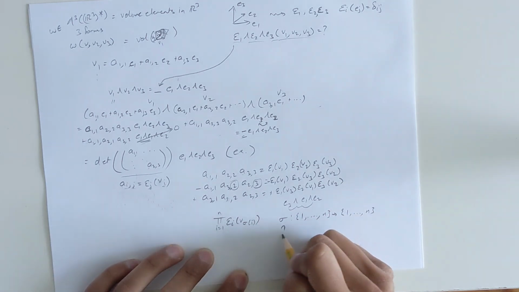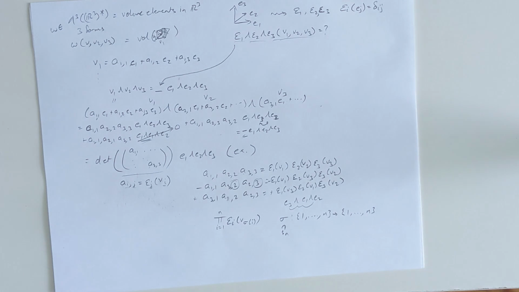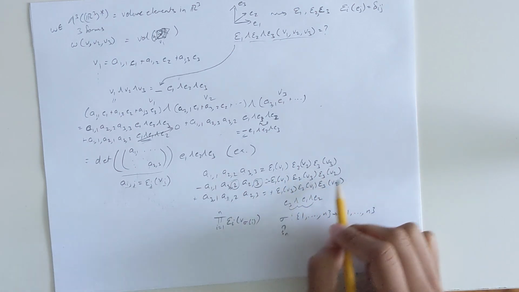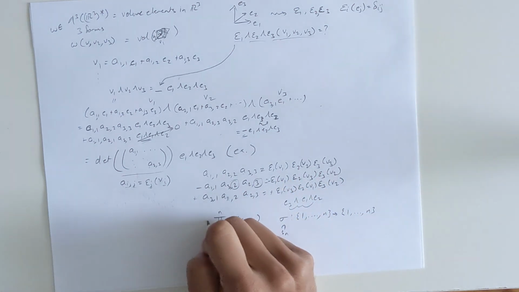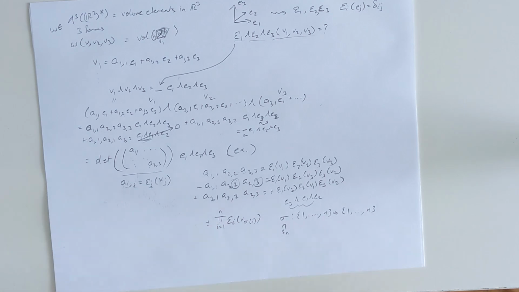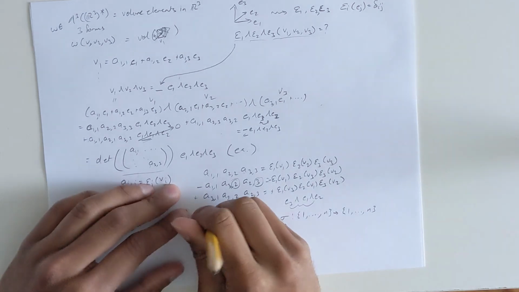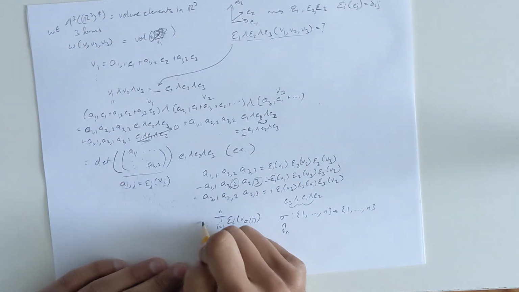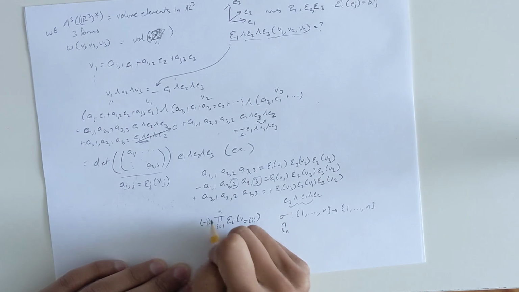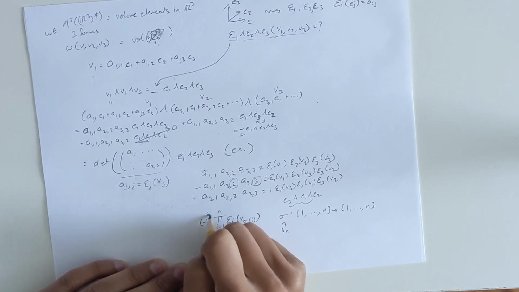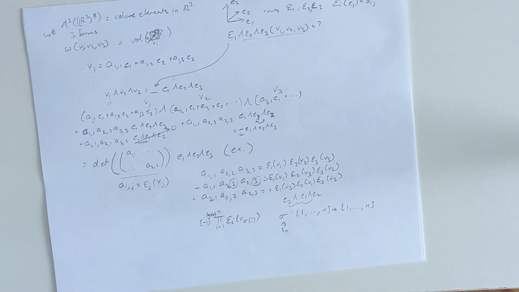Alternatively said, if you've seen this, then sigma is just an element of Sn. And so all this is saying is that each of these guys is a term which looks like this. And this will have a plus or minus sign depending on the number of times that you switch indices. And in fact, this actually has a name, and it's called the sign of the permutation. And so what this will be is -1 to the power of the sign of the permutation sigma.